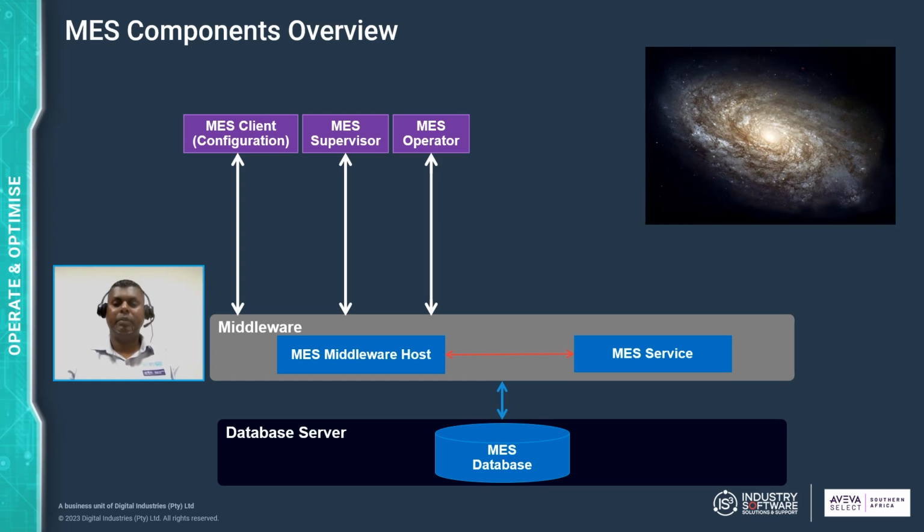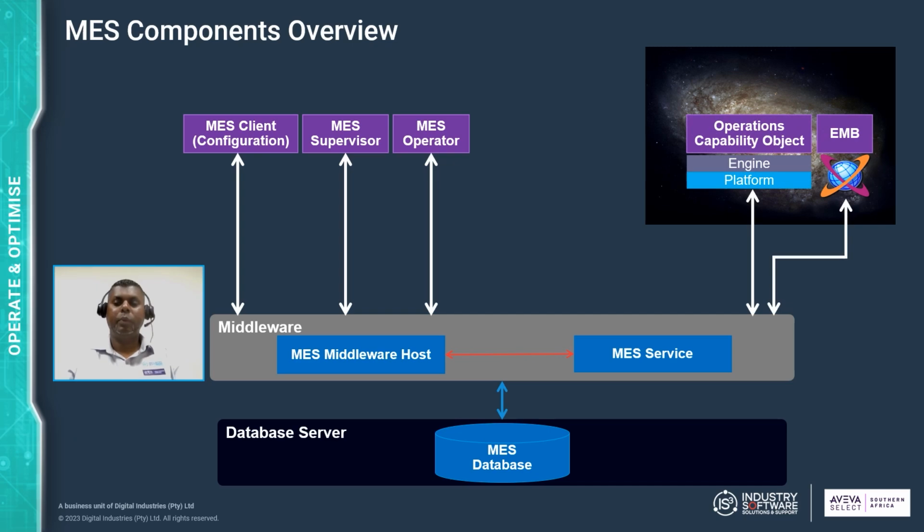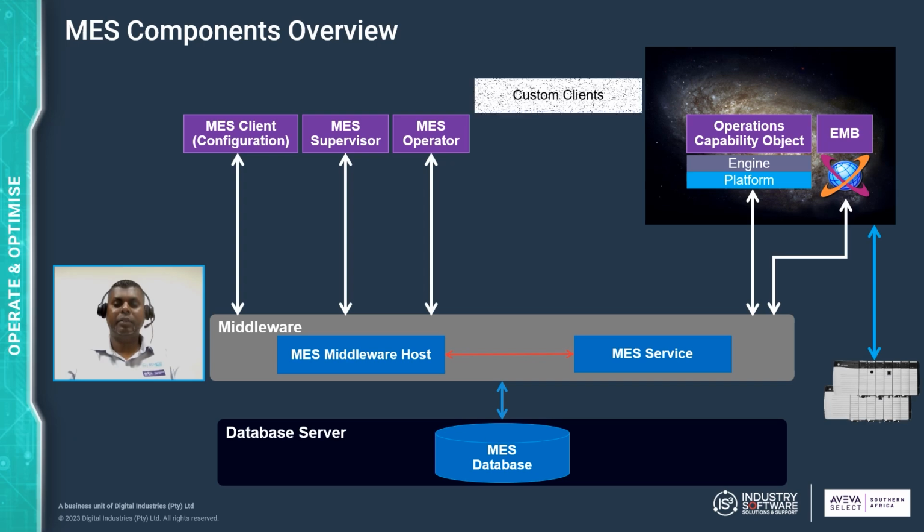Okay, we have our system platform Galaxy on the right-hand side. We've got our OCO object, or Operations Capability Object, which sits in the application server. We've got our data source, which is the PLC. We have our custom clients.